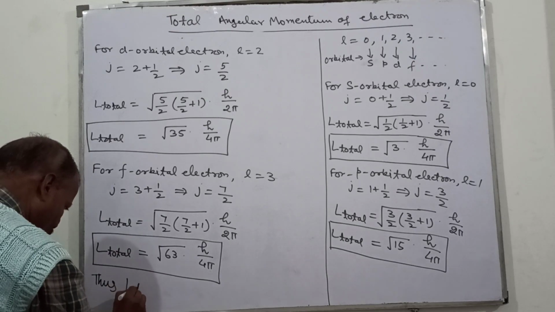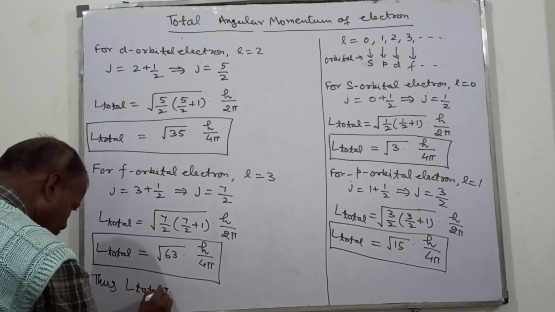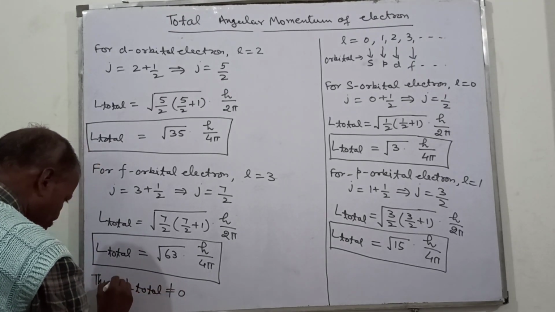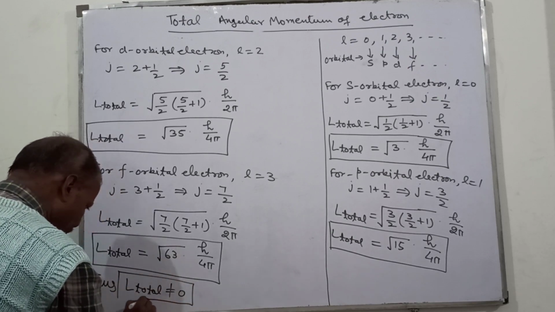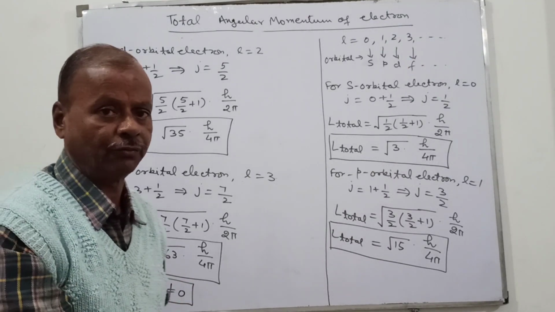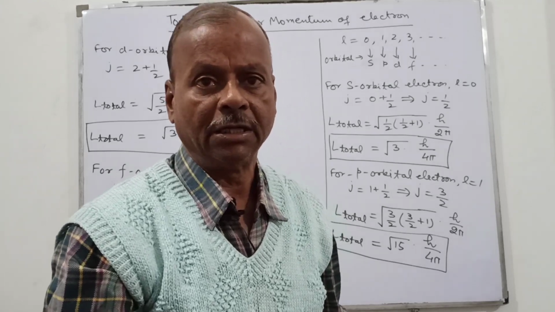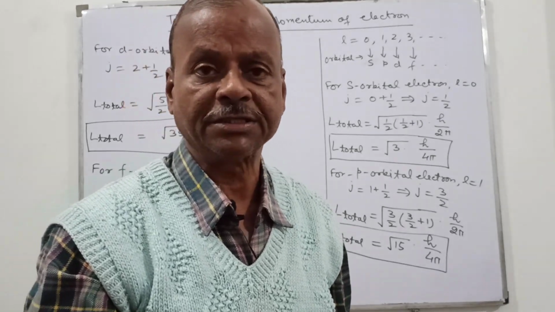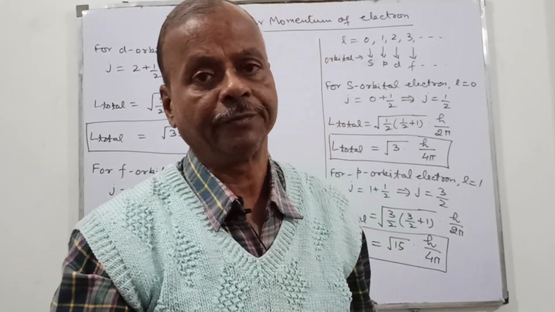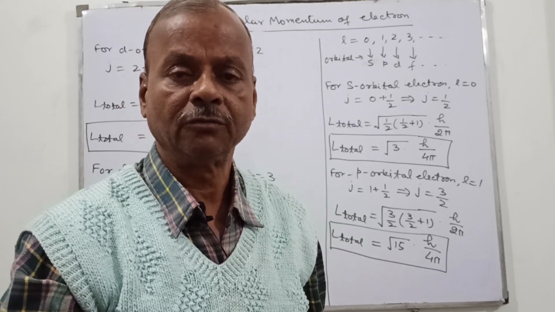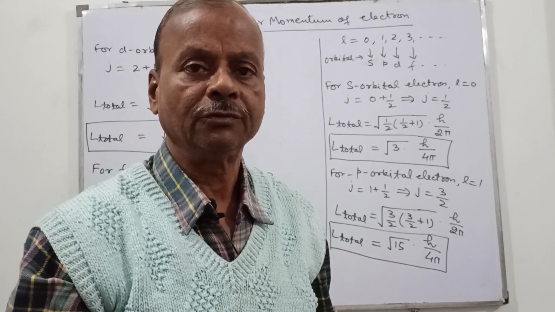Thus L total is not equal to 0. This always exists. Whenever the electron moves in an orbit around the nucleus, it always has angular momentum. So thank you very much.